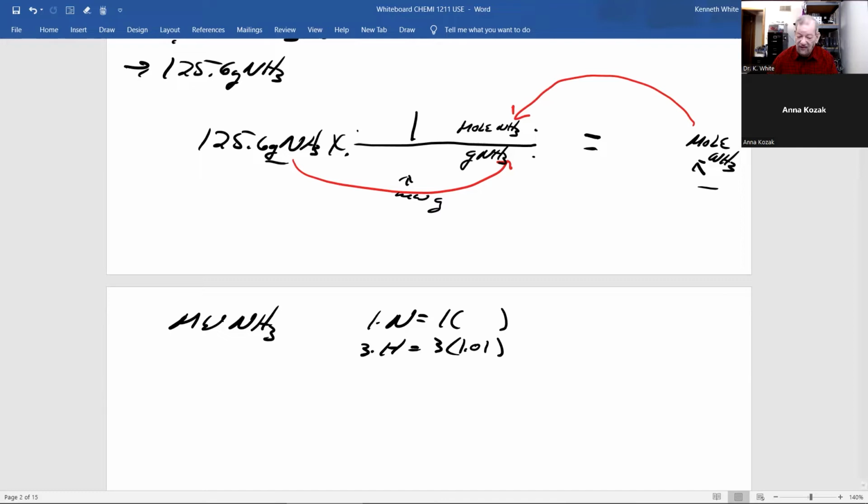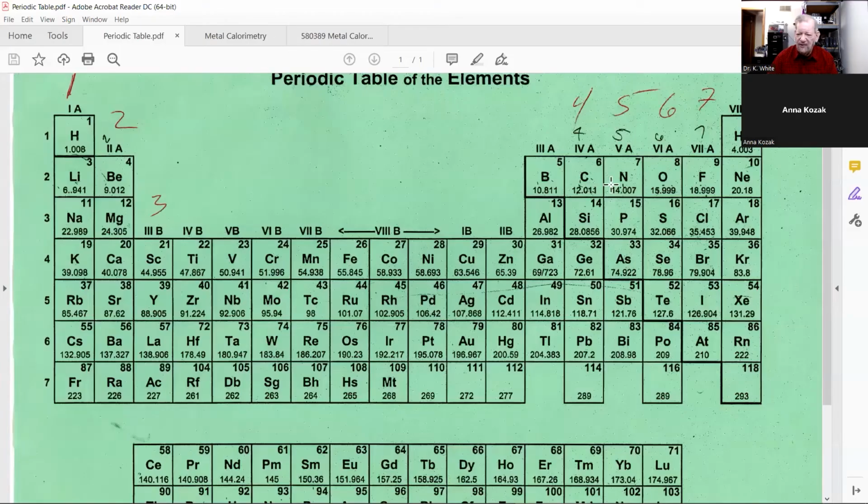Let's look up nitrogen. If you look at your periodic table, nitrogen, chemical symbol N, has an atomic weight of 14.007. To 3 significant figures, keep the 1, keep the 4, keep the first 0. Use the second 0 to round off. That's 4 or less, so I'll drop that and the 7.